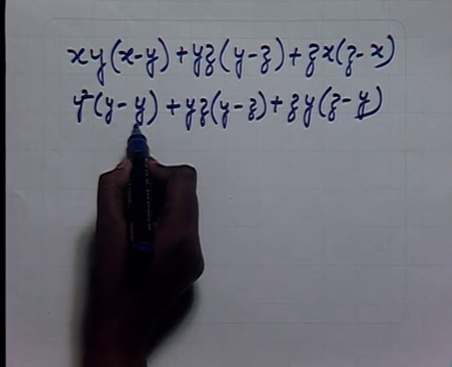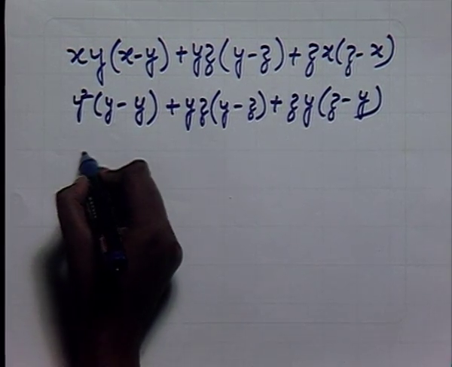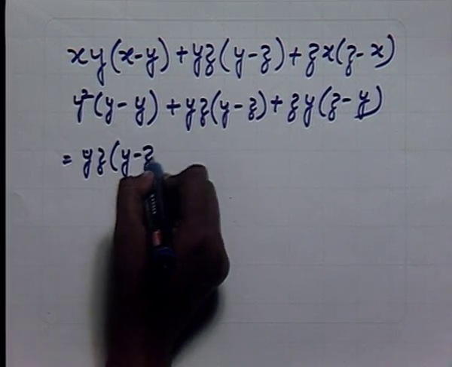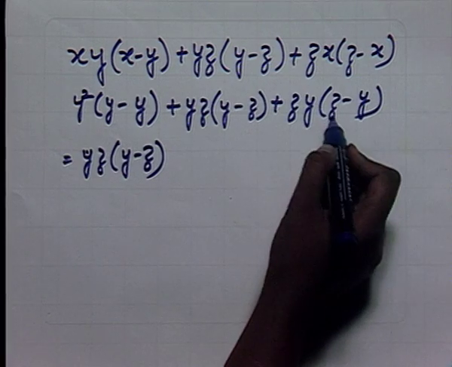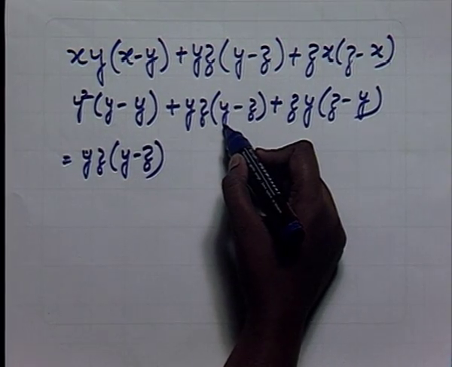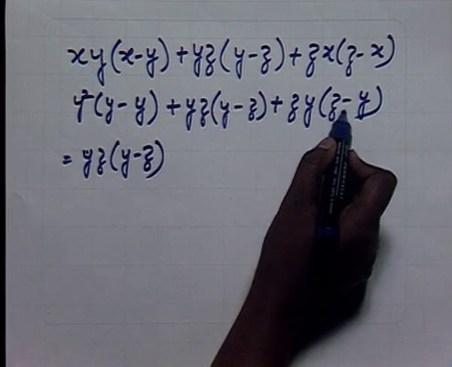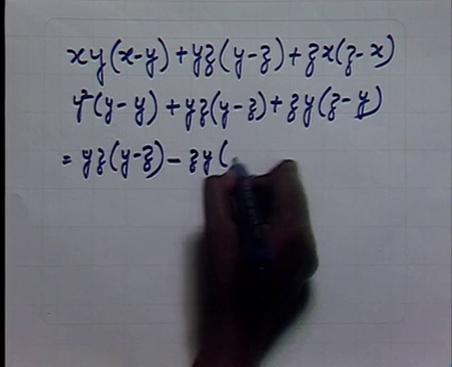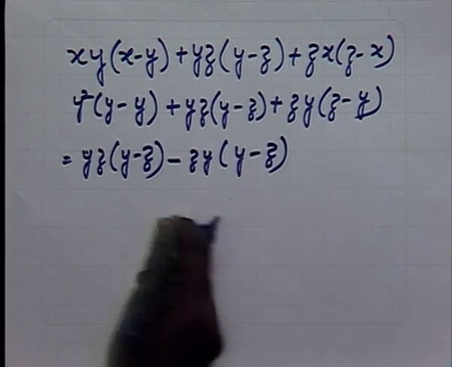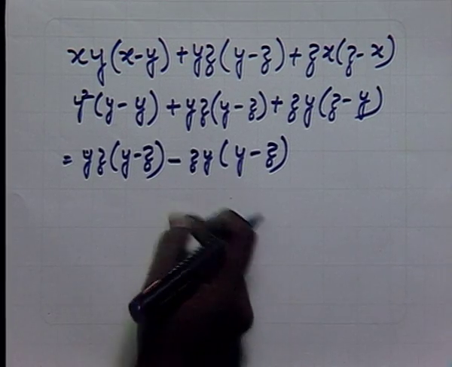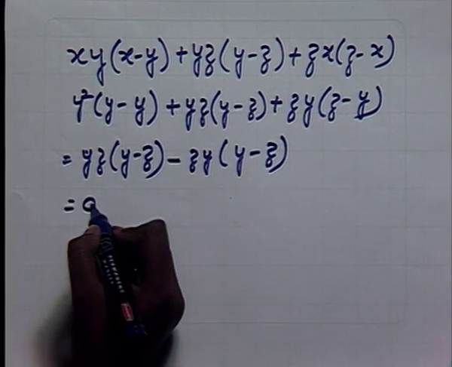Now, this term becomes 0. So, we have yz into y minus z, and in order to have this as y minus z similar as this term, we will take out negative sign outside, we will have minus zy into y minus z. Now, these are two similar terms, one is being subtracted from the other. So, the answer is 0.